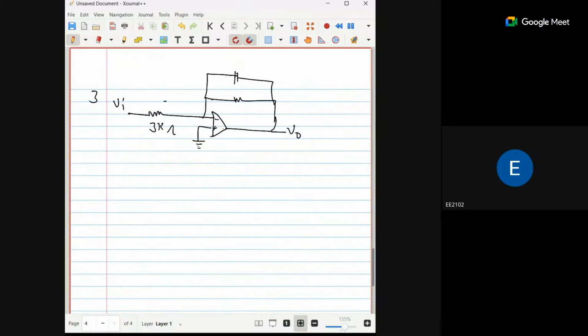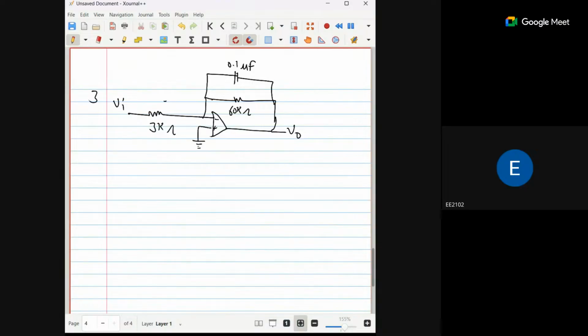Three kilo ohm, 0.1 microfarad. So in this everything is given.